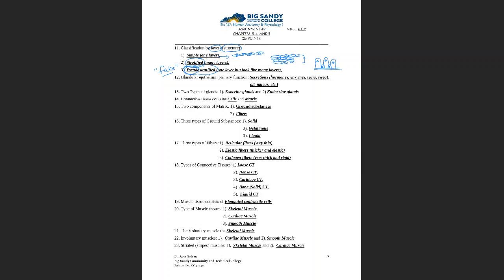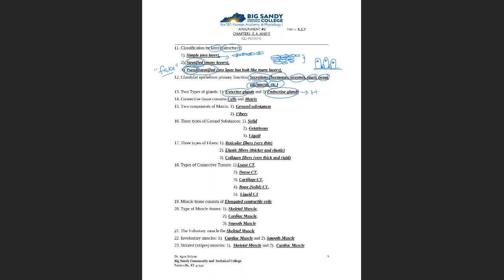Okay, number 12, glandular ET. Primarily, the function is for secretion, producing hormones, enzymes, tears, sweat, oil, mucus, wax, milk. That's glandular function. Two types of gland: exocrine gland and endocrine gland. Endocrine gland produces products that stay inside our body, especially in the blood.